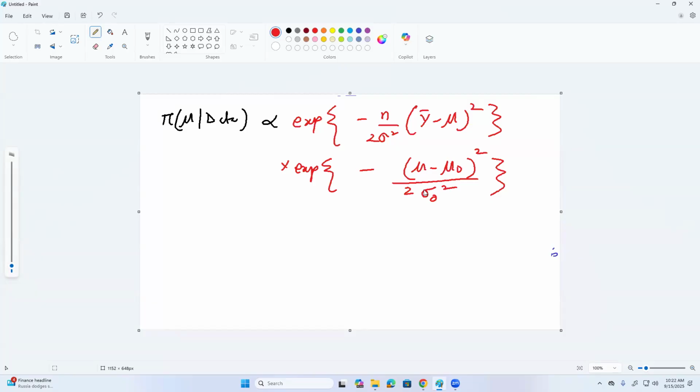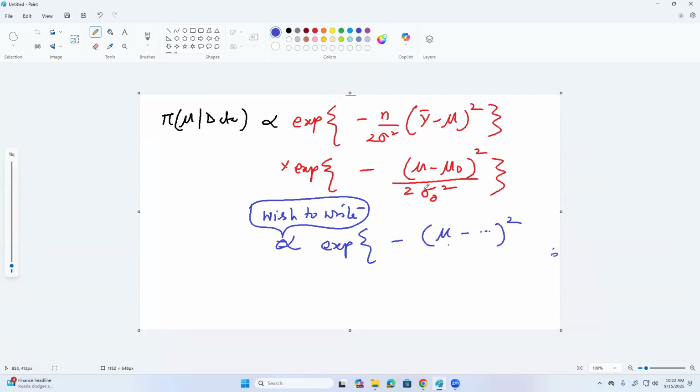And what is my target? My target is to write this expression in this format: exp minus (mu minus something) square over 2 times something.